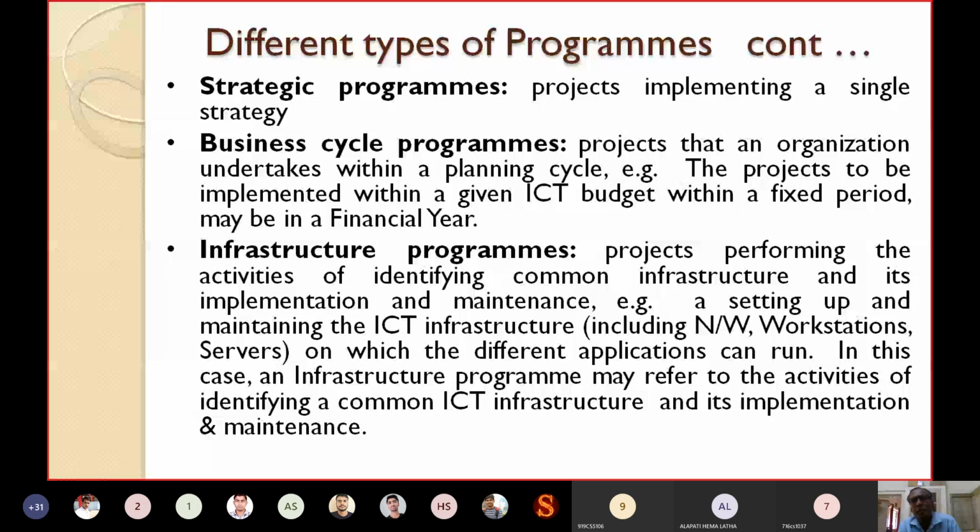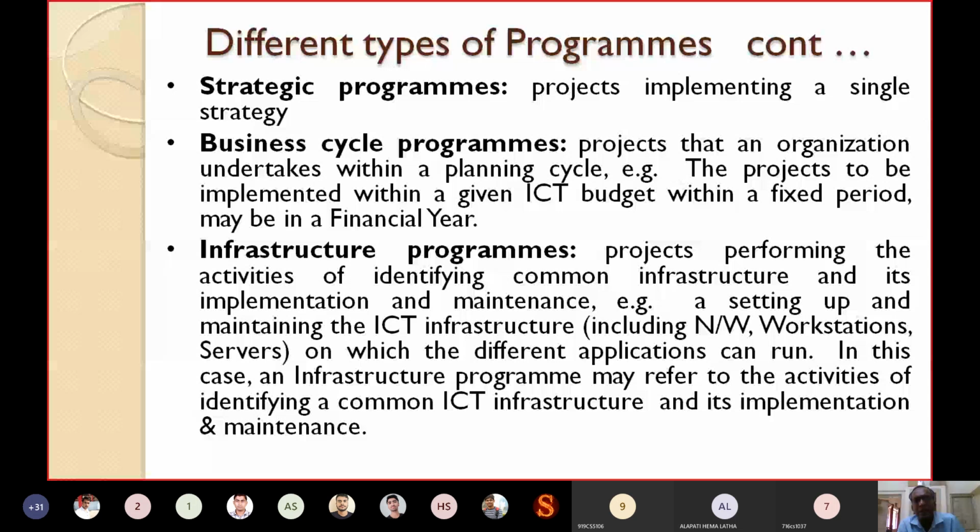NIT has so many departments, and all departments use computer center facilities, so some budget is required. In our case, we are putting 5 to 7 crores budget per year. All other departments, all other projects will work under that, like the library requires some ICT. Every department requires some ICT budget, so they have to run within that fixed budget in a given time period, each financial year, April to March.